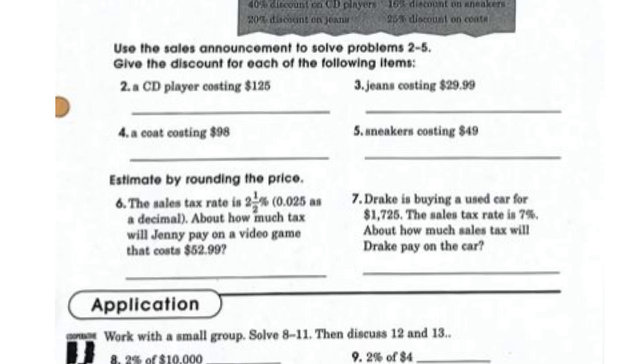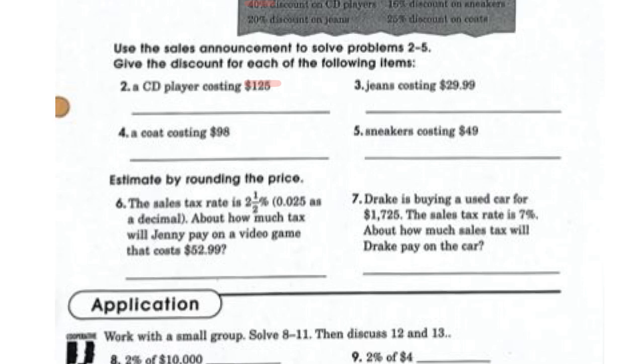Well, I know a CD player originally costs $125, and a CD player is 40% off. So on my calculator, I'm going to plug in 40%, or 0.40, and multiply that by 125. And when I do that, I get an answer of 50.